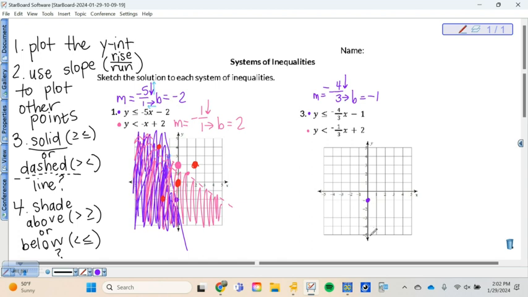Before I draw my line, I think to myself, solid or dashed? Solid, because it's less than or equal to. So solid line. And then, do I shade above or do I shade below?